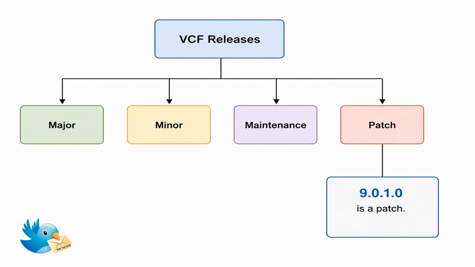Now an important modern concept in VCF is asynchronous patching, also called async patching. Normally administrators have to wait for a complete VCF release cycle before updating components, but today VMware supports an async patch mechanism. For example, if a critical security vulnerability affects vCenter Server, VMware may release an async patch specifically for vCenter without waiting for the next complete VCF maintenance or minor release.